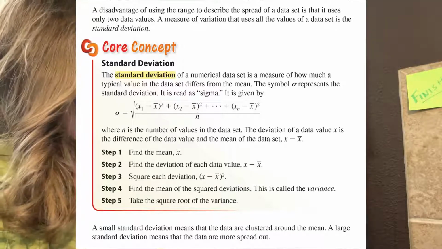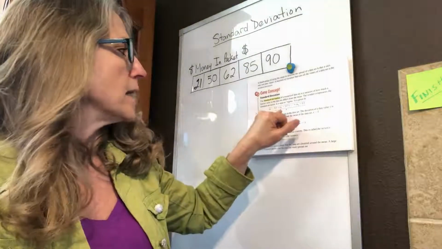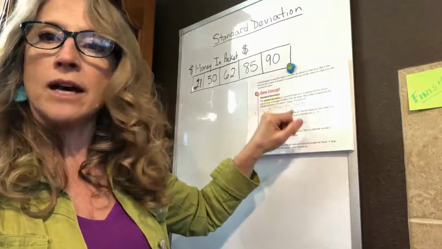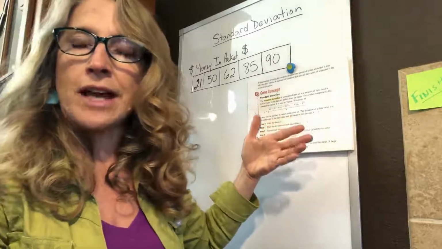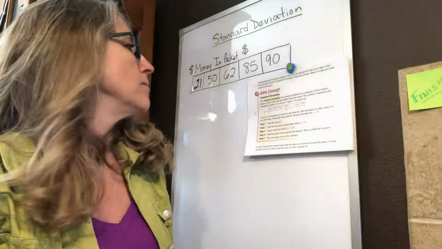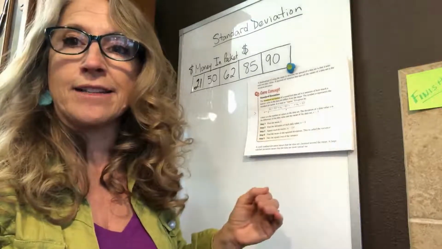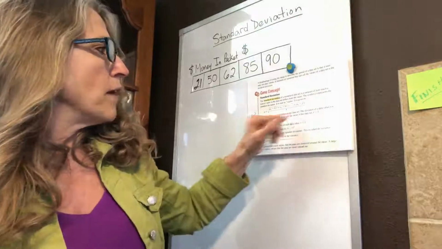So here it's represented as x1 minus the mean squared plus x2 minus the mean squared plus ... xn, right? Because we don't know how many are in our data set, okay? Squared, all divided by the number of numbers in our data set. Okay? So n is the number of values in the data set.